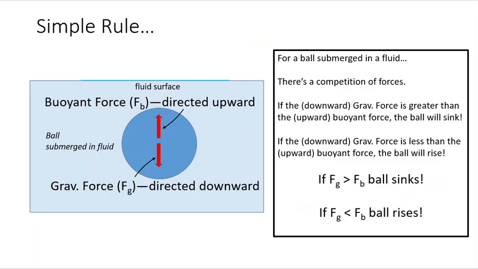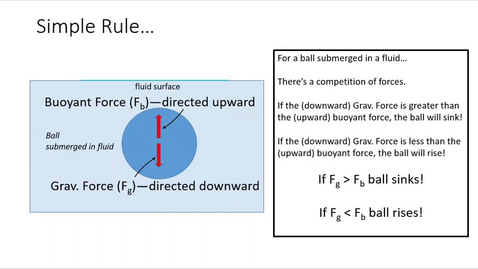Okay, here's a simple rule that I want you to remember, much more so than the equations in the previous slide. So for a ball submerged in water or any kind of fluid, there are two forces at play: the buoyant force, which is directed upward, and the gravitational force, which is directed downward. And now we can ask ourselves, well, how is the ball going to move when it's submerged in that fluid?